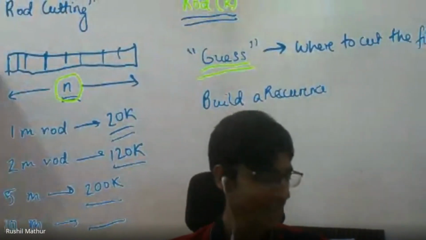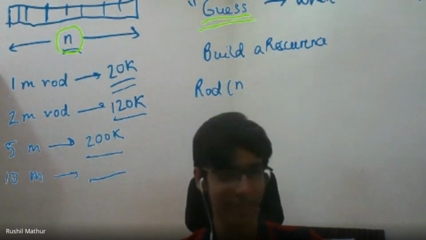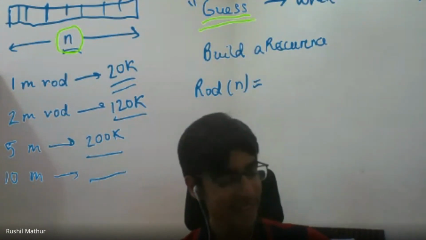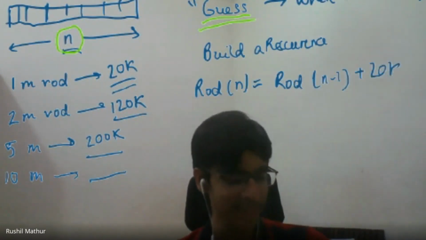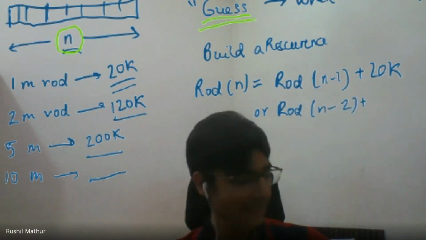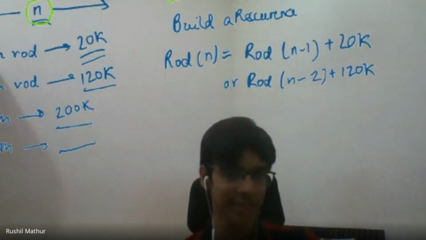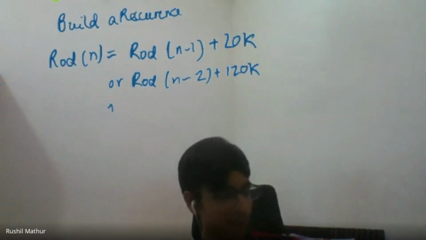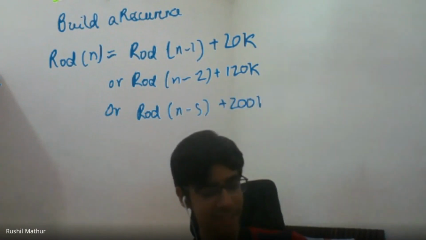So I can say rod of length n is either equal to rod of n minus 1 plus the value of a 1 meter rod, which is 20k, or it can be equal to rod of n minus 2 plus 120k, or it can be rod of n minus 5 plus whatever 200k, and so on.